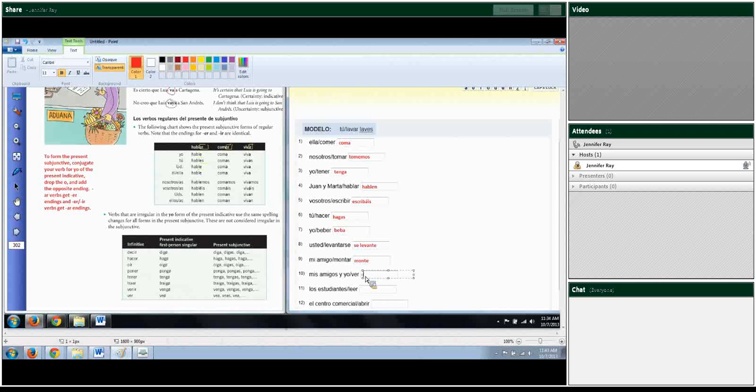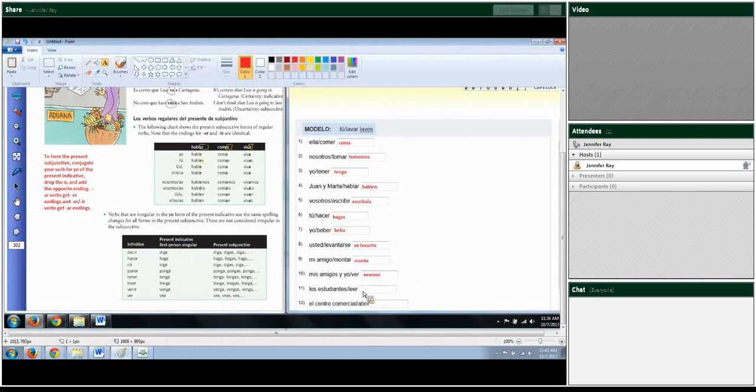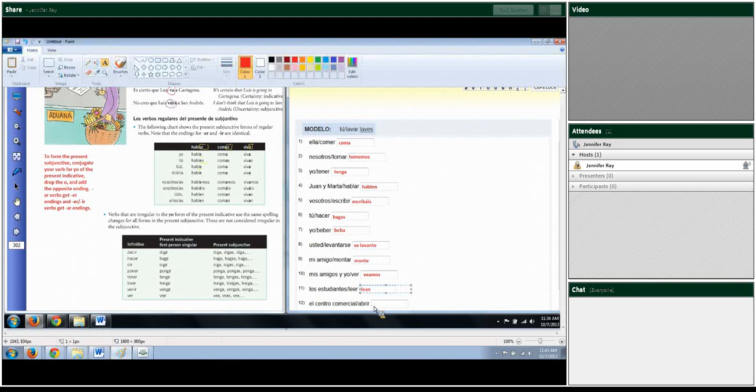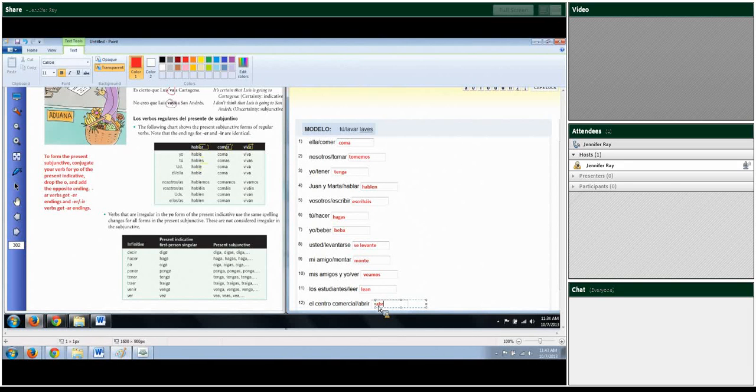Mis amigos y yo ver, veo. Get rid of the O, and it would be veamos. Los estudiantes, leer, which would be leo. I drop the O. It's los estudiantes lean. El centro comercial, abrir. Abro. It's the same thing as el, so abra.